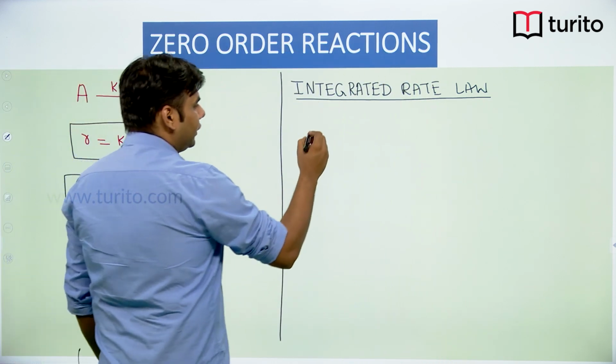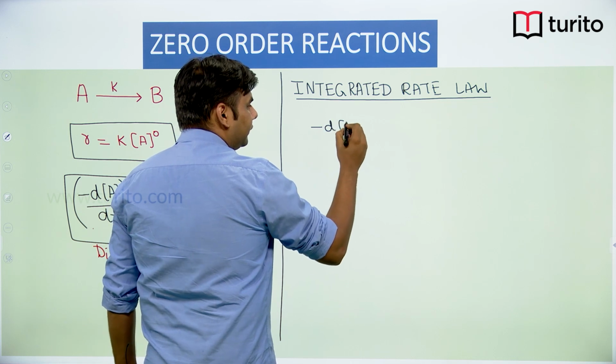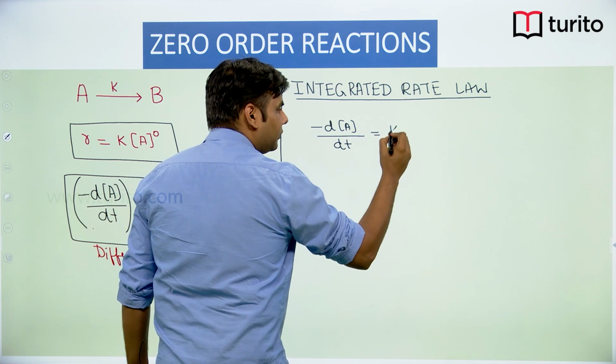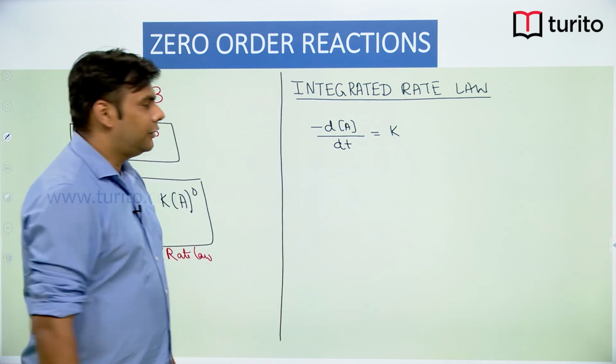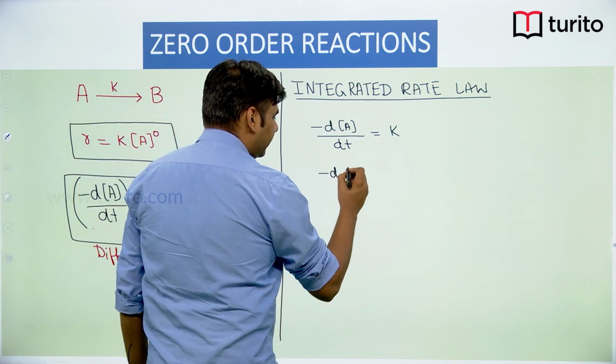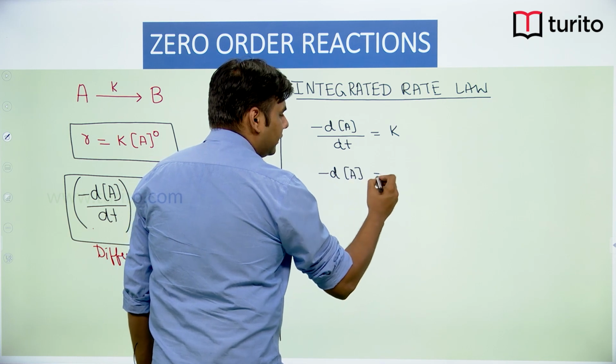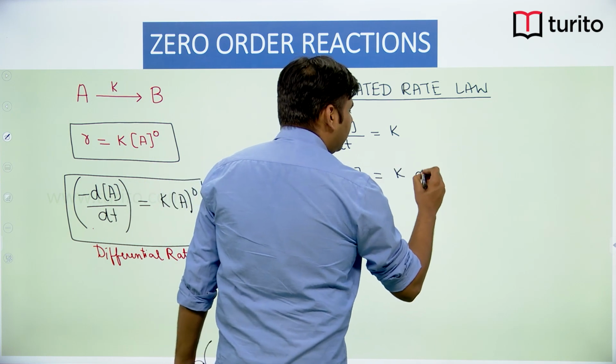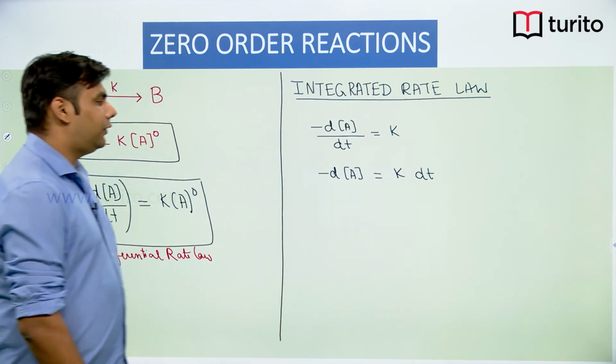So we'll take this differential equation, this is minus d of just a concentration term, equal to k into A raised to power 0, and A raised to power 0 is 1. So we'll write this as minus d of concentration of A equals k into dt. Okay. So now we have to integrate.